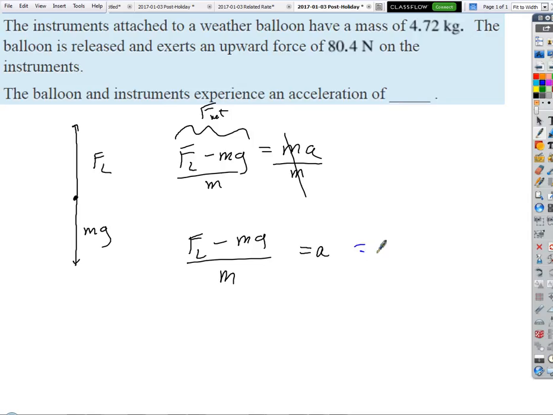If I plug in values, I'm going to get 80.4 minus 4.72 times 9.80, divided by 4.72. Everybody agree? Okay, so if we plug that in, what do we get?